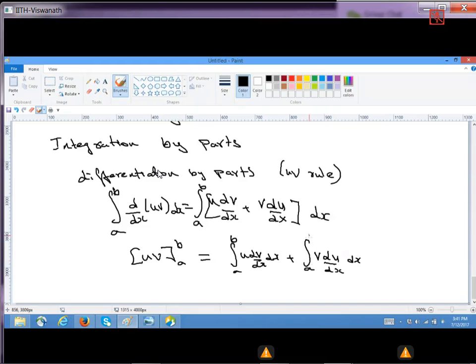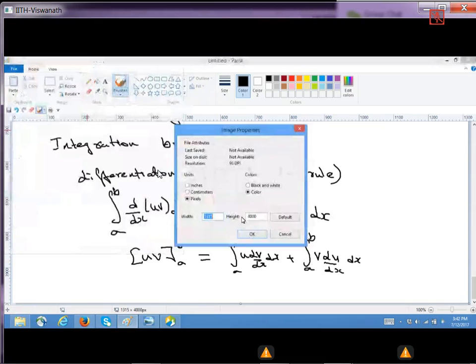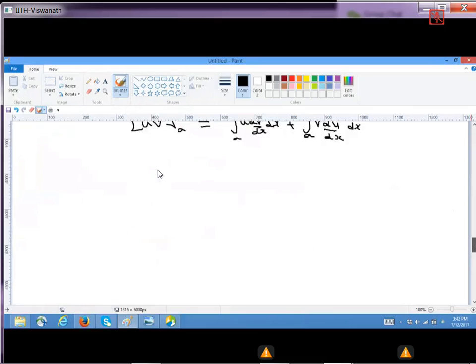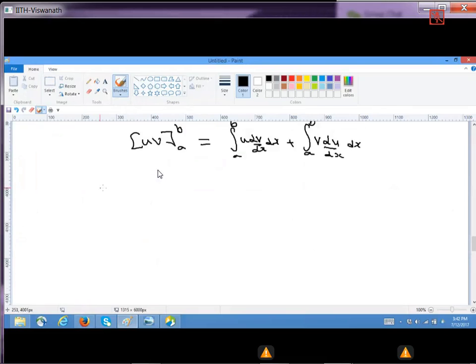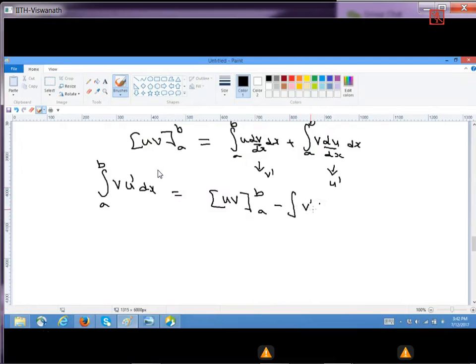I can simplify it further and write the integral of v u dash, and this is v dash dx, is equal to uv from a to b minus the integral of v dash u dx from a to b.